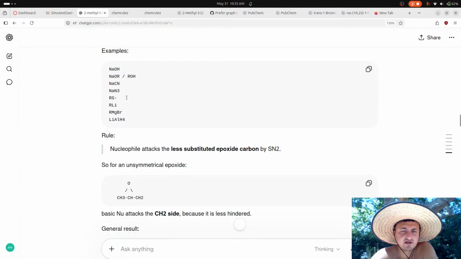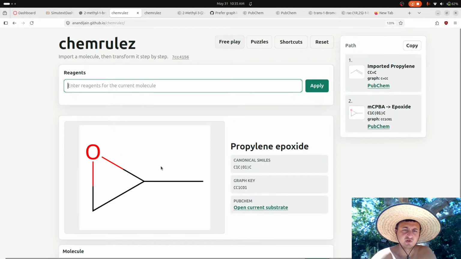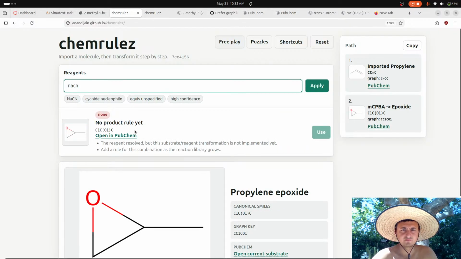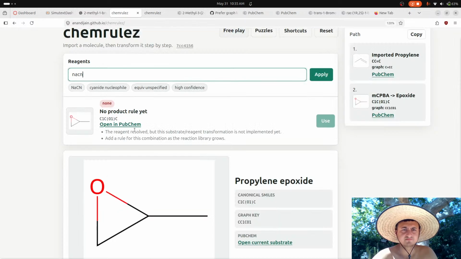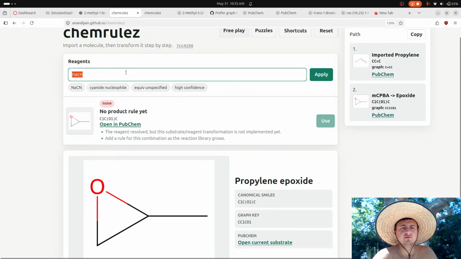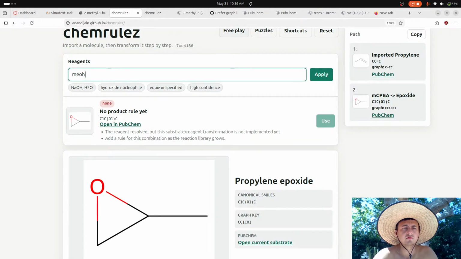So let's see just if that works. So let's add NaCN, or let's add NaOH. It attacks the less substituted. Wait, but we will have no idea of knowing. So we have to do NaCN. What about MeOH?